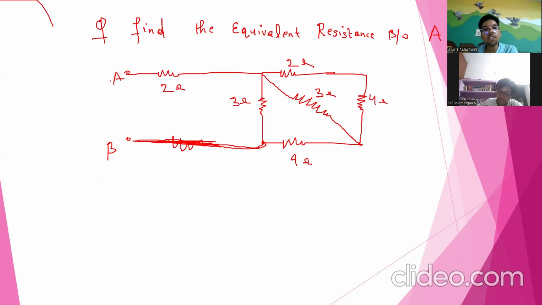Now they are asking to find the equivalent resistance between A and B. Then always in your mind imagine there is a cell in between A and B. Series means end-to-end connection. Parallel means there is no end-to-end connection. Series current is constant. Parallel voltage is constant.